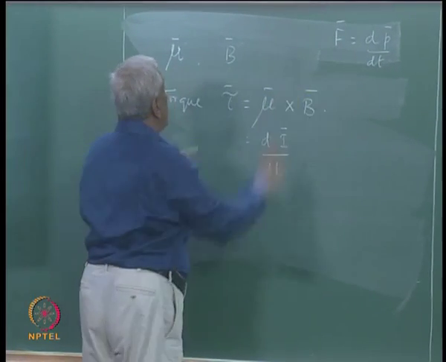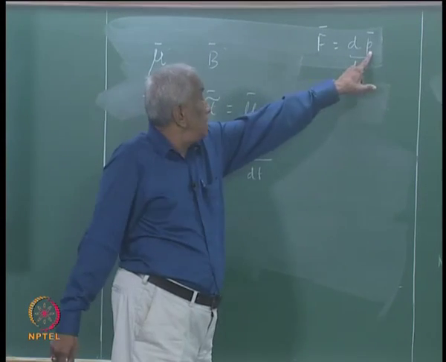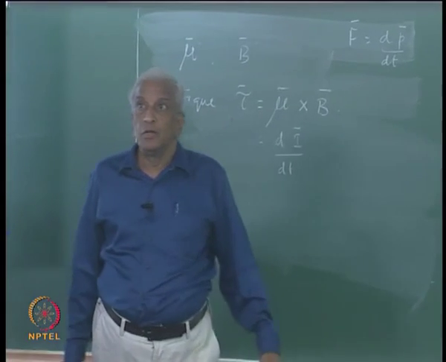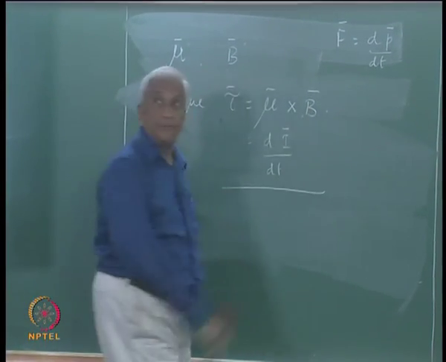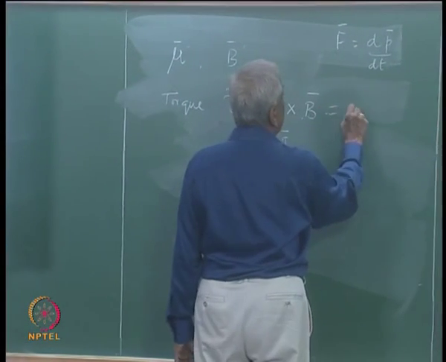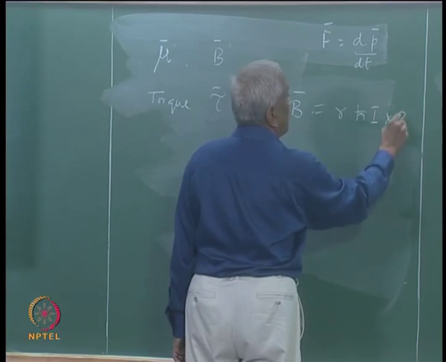So, instead of F, you have the torque here for a rotational motion, and instead of the linear momentum, we have a spin angular momentum. So, this is the torque equation. Now, substituting for mu, I can write this as gamma h cross I cross B.